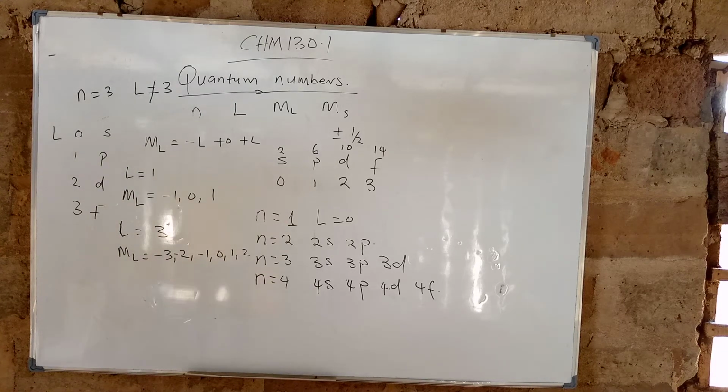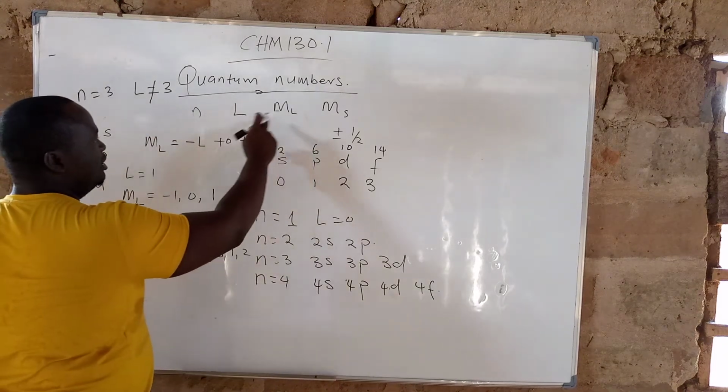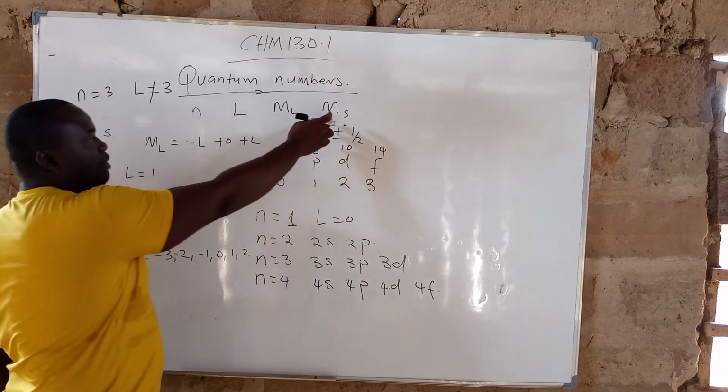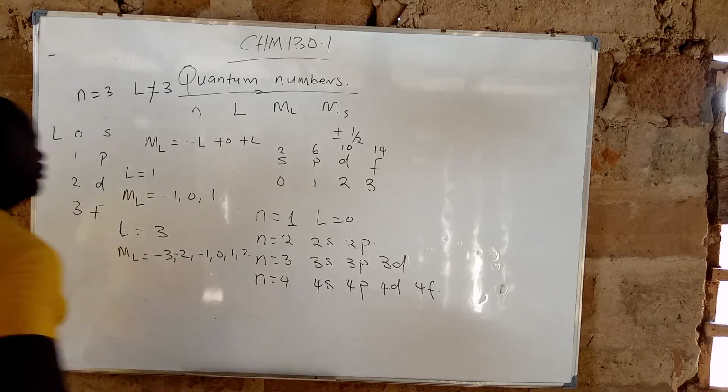Now, let's continue. Having introduced the relationship between L and ML, I want to talk about the whole quantum numbers. I've talked about N, I've talked about L, I've talked about ML, and now I want to talk about MS. MS is the magnetic spin. But there's an interesting thing about this.